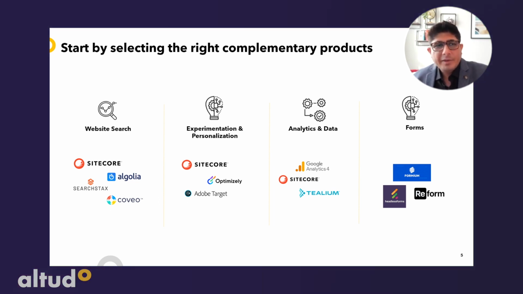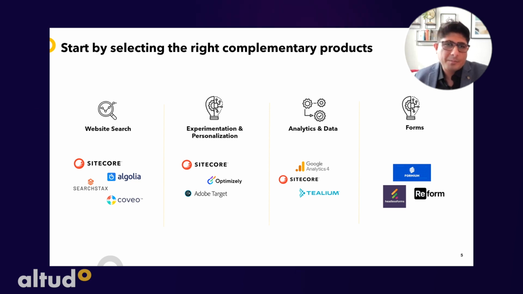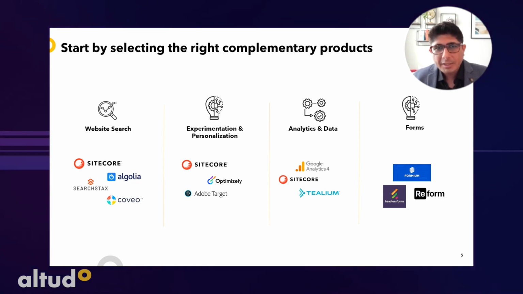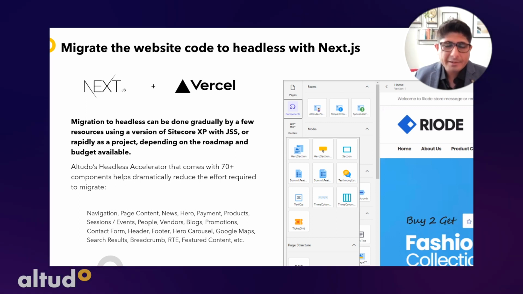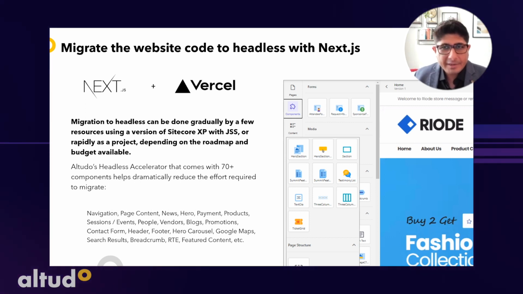So once we have selected the composable products which are going to fit and complement each other in the architecture, the next stage is rebuilding or redesigning your front-end layer in Next.js.